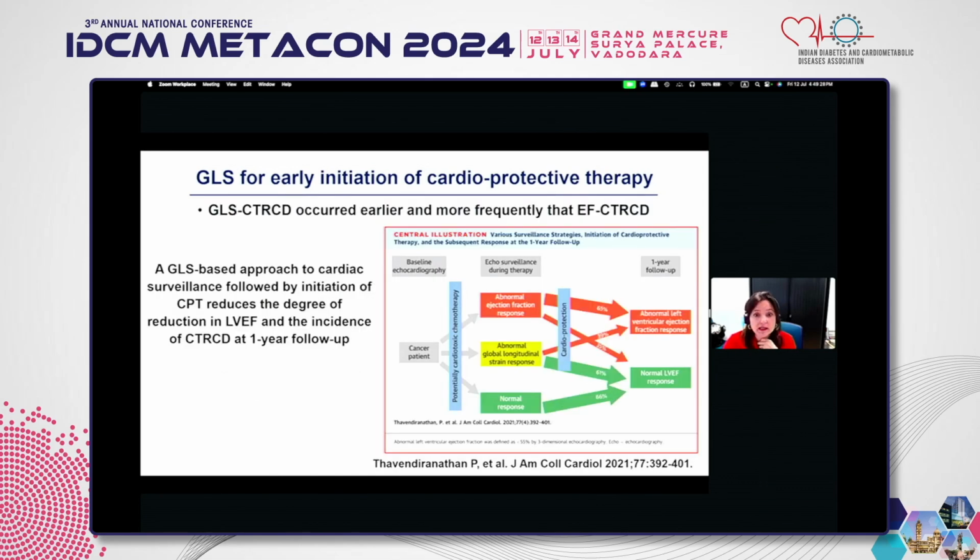And very similar here, you can see in this other study how important it is to assess not only the ejection fraction response, but the global longitudinal response. So it's something to integrate in your clinical practice when you have these patients under your guidance.